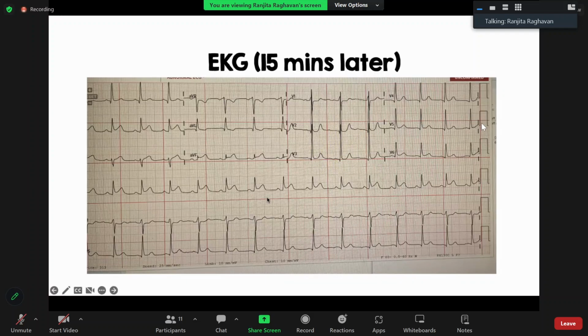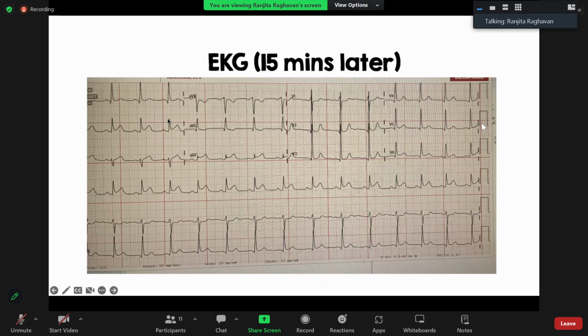I don't need anyone to really read it, but you can see clearly those inferior leads look a lot higher than they did before. It doesn't look the same as before, and you're seeing a bit of that aVL T wave inversion as well.